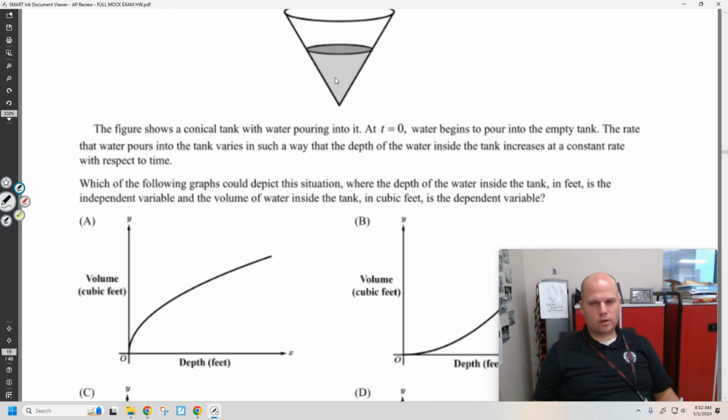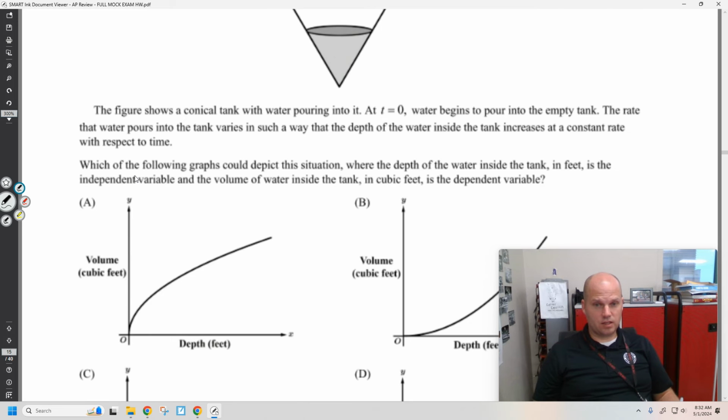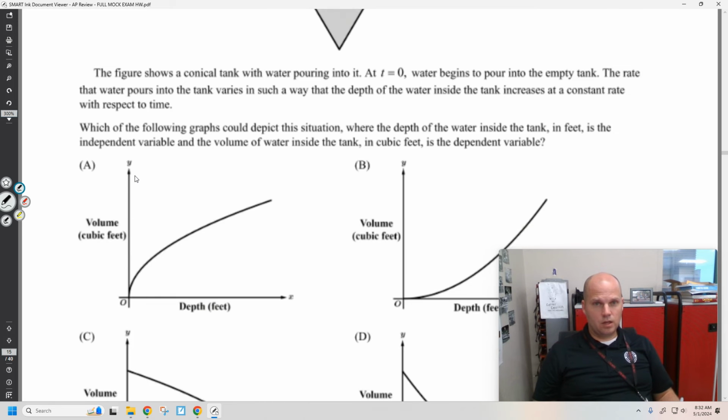So the water's got to be pouring in at a slower rate earlier because it's skinnier, and then the water's got to be pouring in at a faster rate later, so that it's increasing at a constant rate.